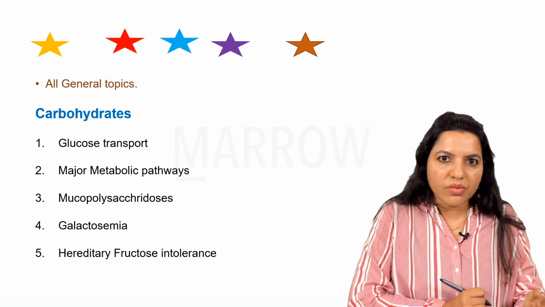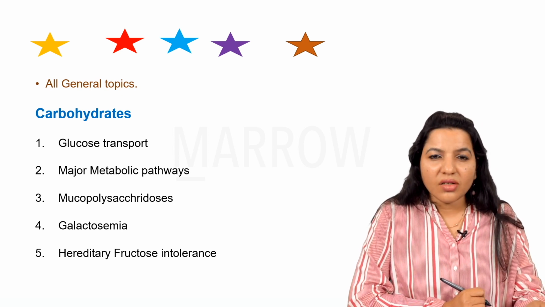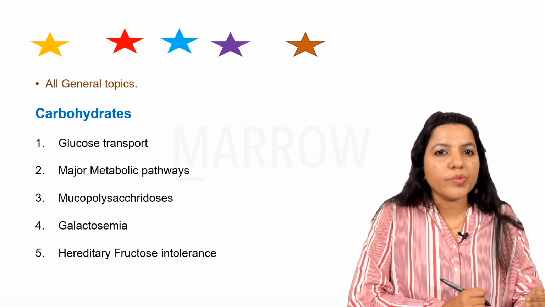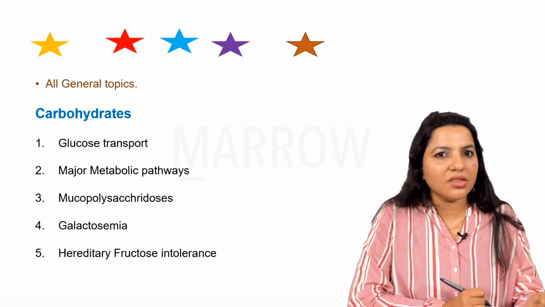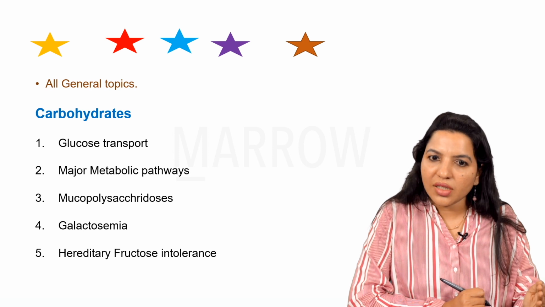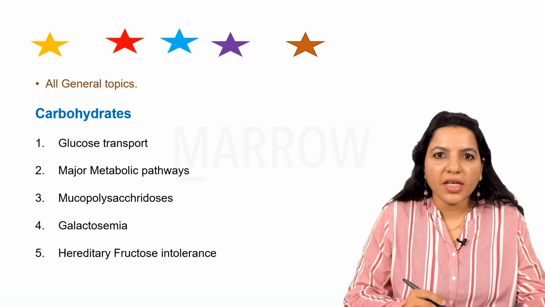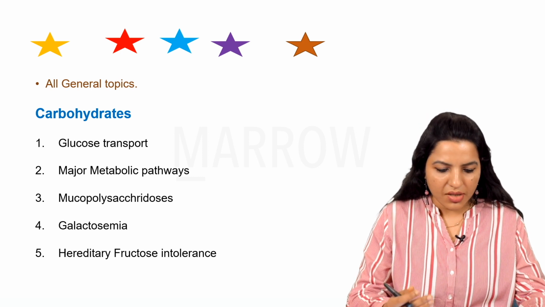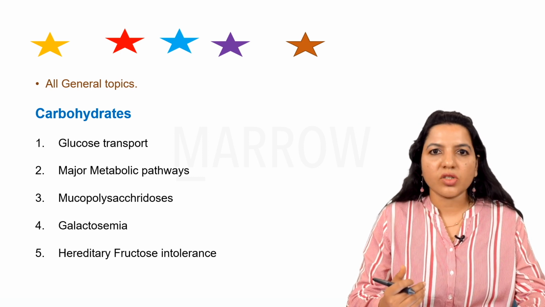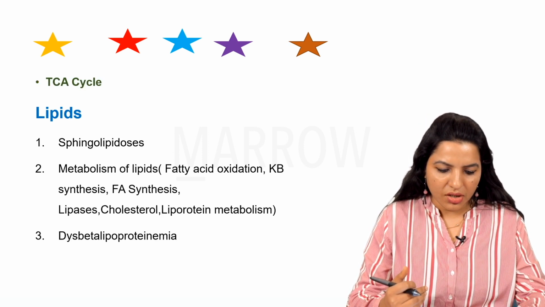Then the most important topic is mucopolysaccharidosis, because several times the question is based on a clinical history. So it is a 5-star topic. Then galactosemia, then hereditary fructose intolerance. These are the 5-star topics in the carbohydrate session.